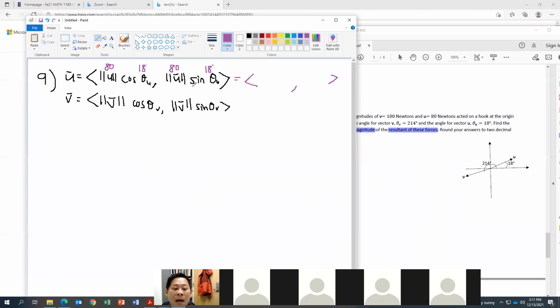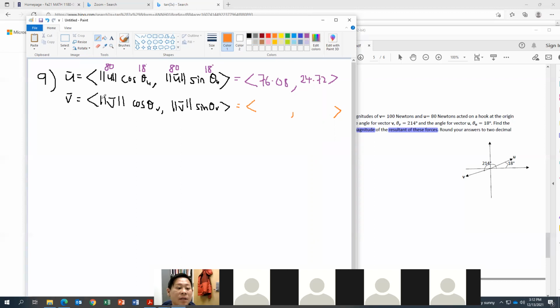And 80 times sine 18 degrees. That will be the second one. 80 times cosine 18 is 76.08. And then 80 times sine 18 is 24.72.